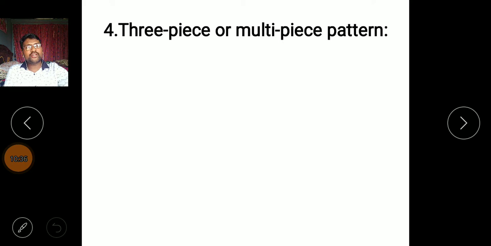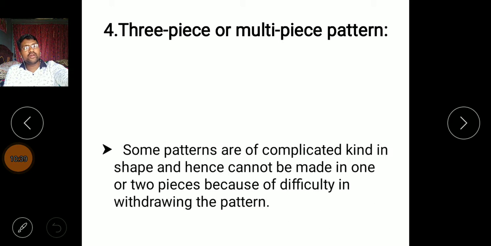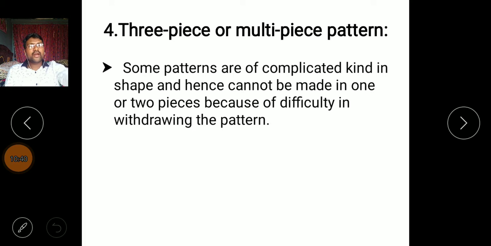Next, coming to 3-piece or multi-piece pattern. Some patterns are of complicated shape and hence cannot be made in one or two pieces because of difficulty in withdrawing the pattern. In some cases, the part to be manufactured is very complicated.